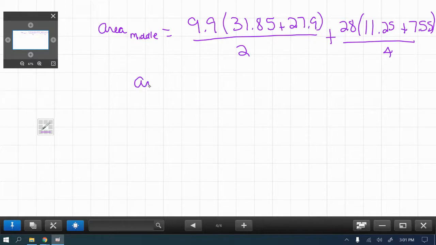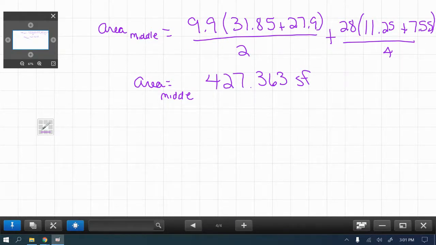And my area in the middle for this one would be 427.363 square feet.